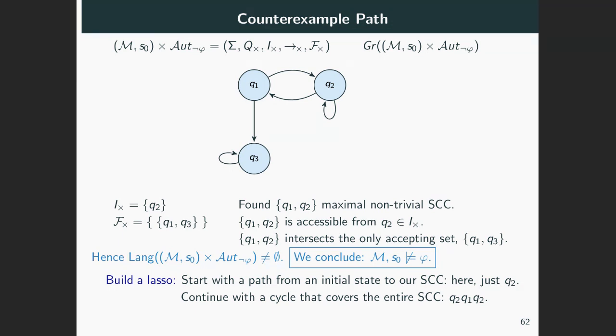So the lasso is Q2, Q1, Q2. In this example, our lasso here is merely a cycle, but in general, we could have proper lassos, if, in order to access the strongly connected component, we would need a path of length longer than 0.